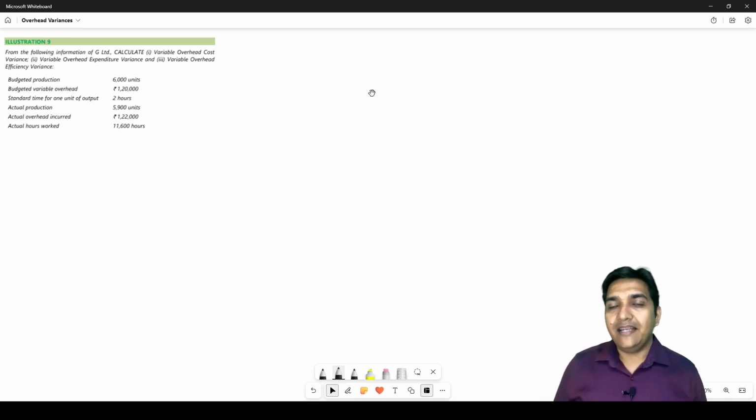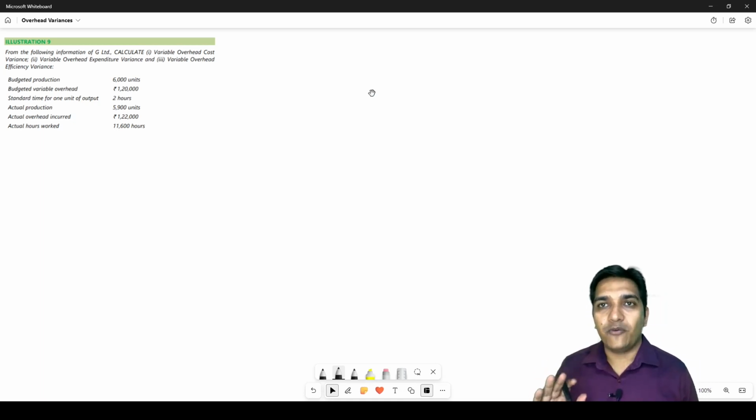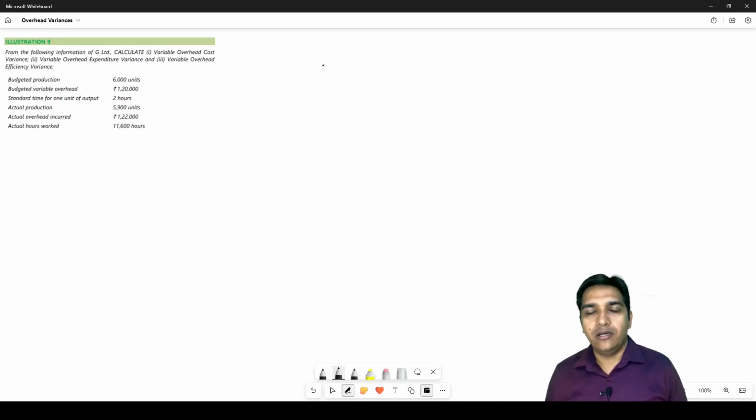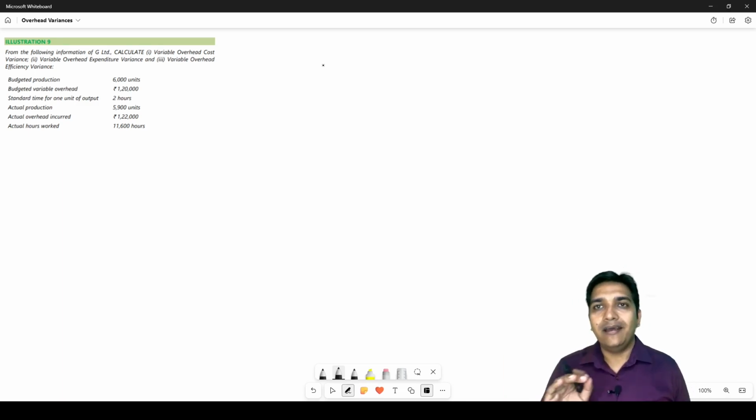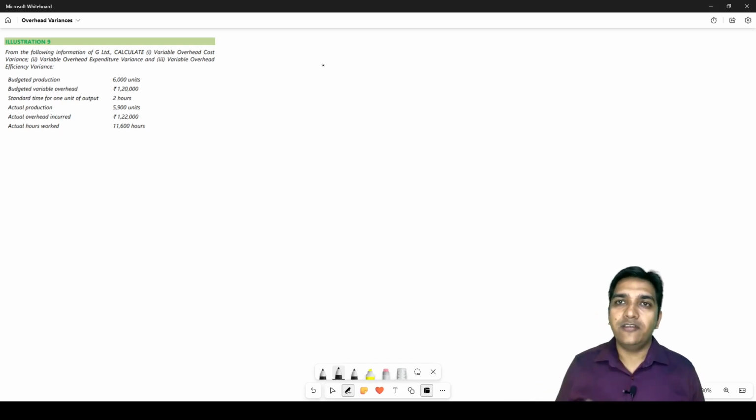So first, like we did in material and labor, first we will write down the information which is provided to us in the table. However, there is slight change in the table here. Earlier we only captured standard and actual, the data for standard cost and actual cost. Now we will also capture additional information which is provided, that is the budgeted cost.